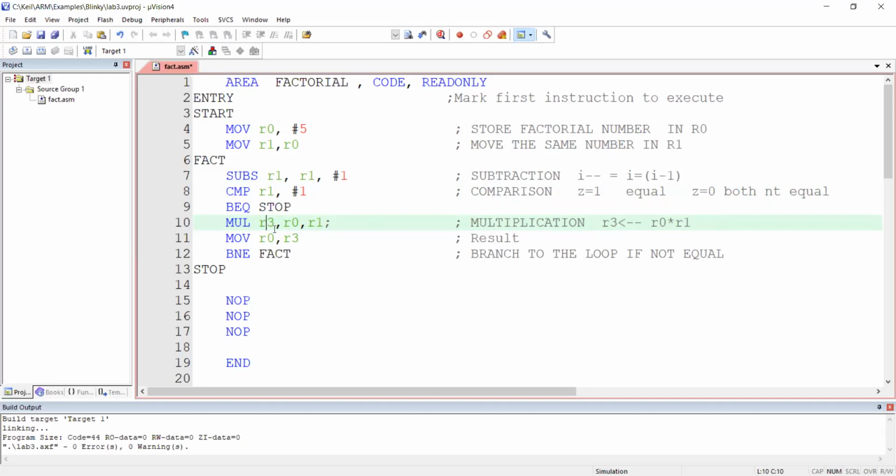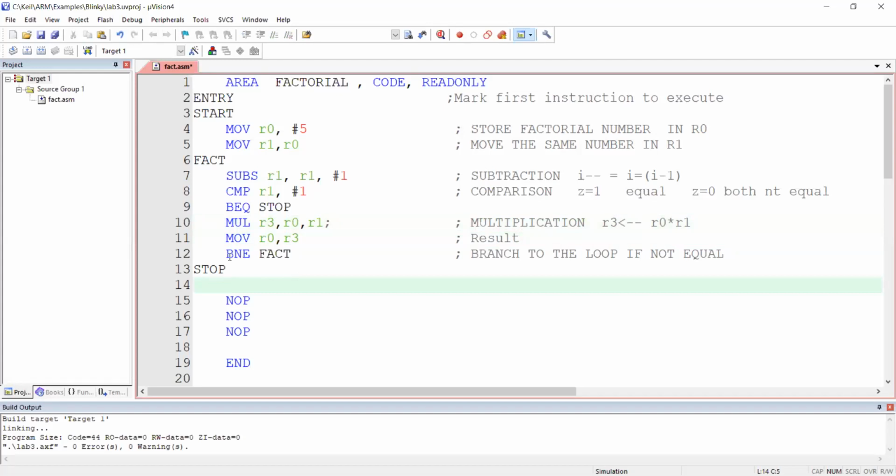In the next step, you can see I am again doing R3 copy into R0. But take care not to overwrite the answer in the same instruction. In the next instruction, the same value of R3 is copied to R0.